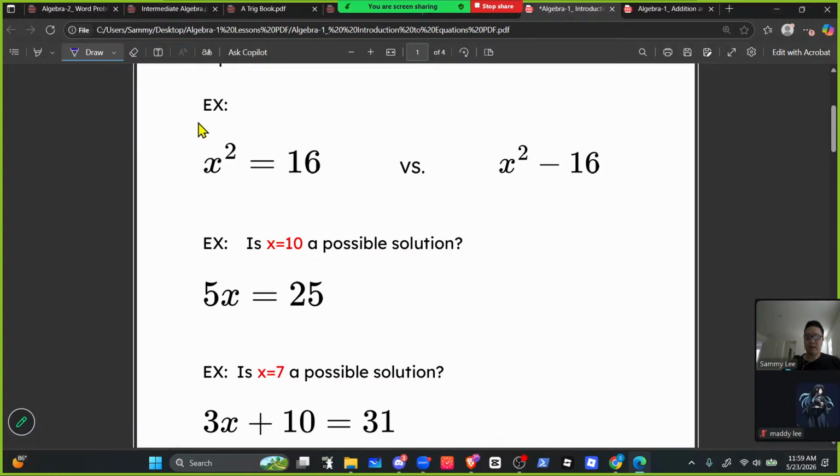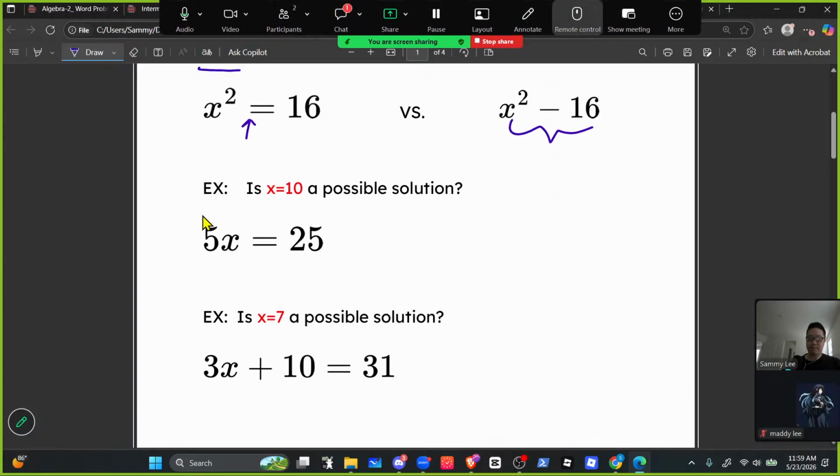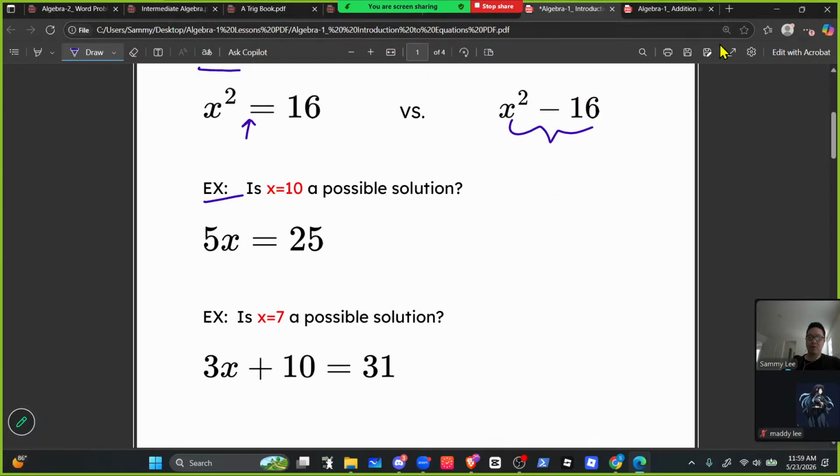So in this example, we have x squared equals 16 versus x squared minus 16. The difference between these two is that this is an equation, and this is an algebraic expression.